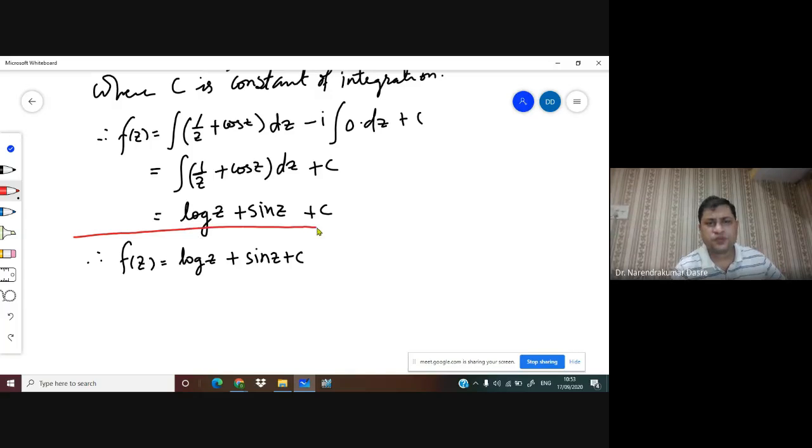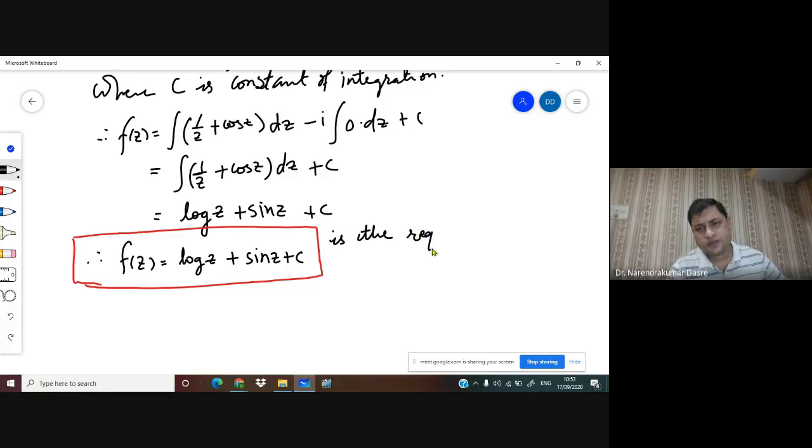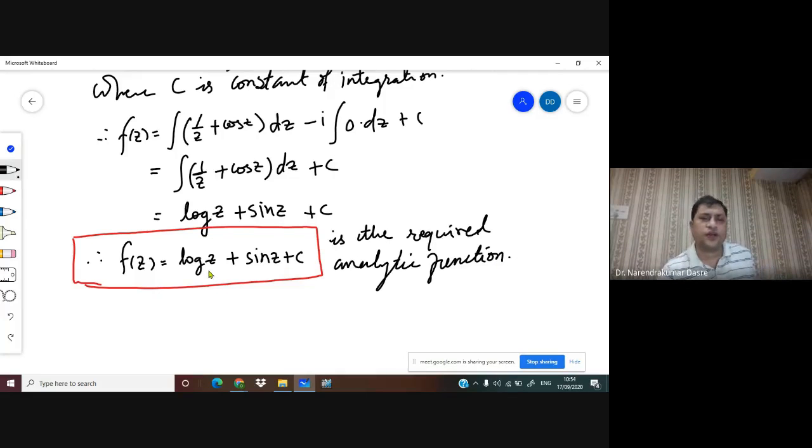So this is the required analytic function. We got this as an analytic function.